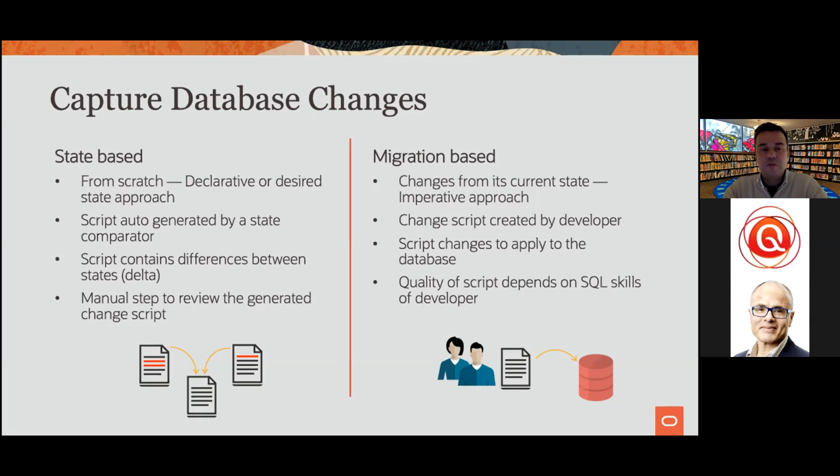We have two approaches here with Oracle database, the state-based and the migration-based. The state-based is extracted from a comparison between the two states of the database structure at two different times, and it will generate a change log based on the differences it finds between those states.